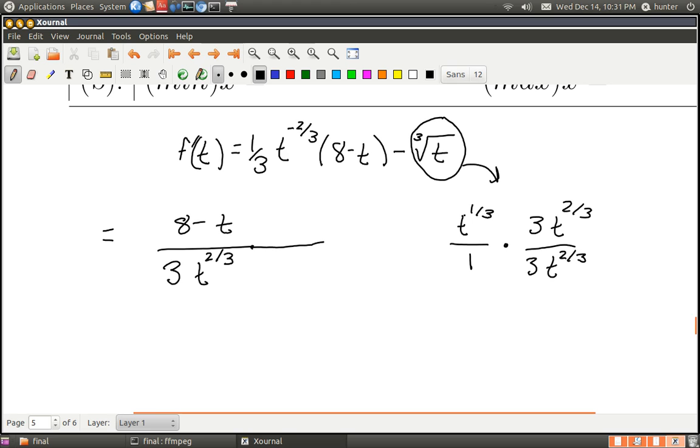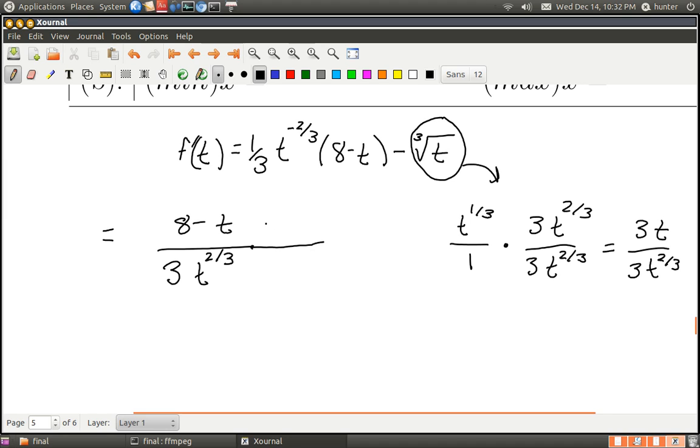And you know that these exponents add. But look, what is 1/3 plus 2/3? Gosh, it's 1. So that's nice. So you just have 3t on top, and then 3 times t to the 2/3 on the bottom. That's fine. So let's write it like that.